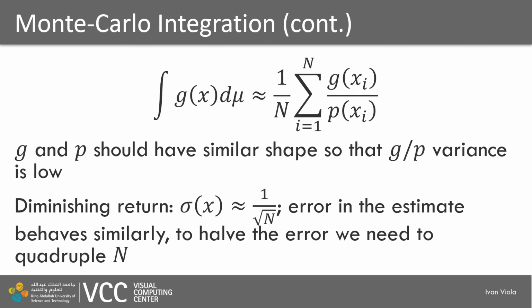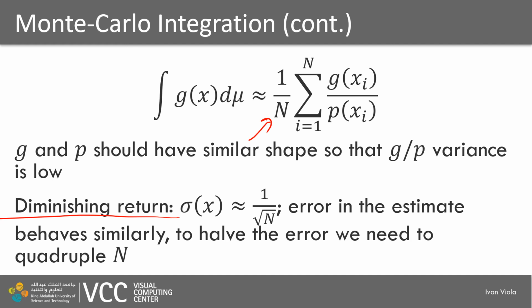Now, if we want to have a higher confidence that our sample set is representing our integral value very well, we will have to increase the n. And we have here the effect in Monte Carlo integration of diminishing returns. The standard deviation is proportional to the reciprocal of the square root of n.